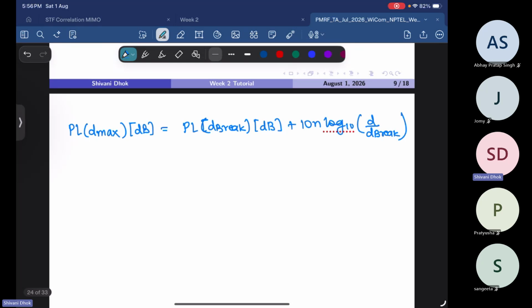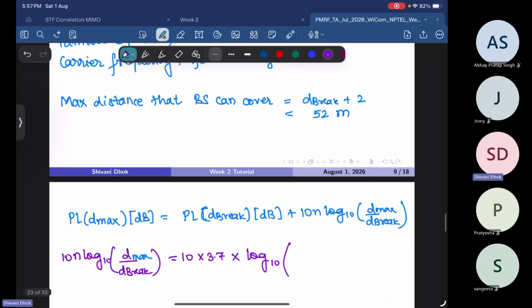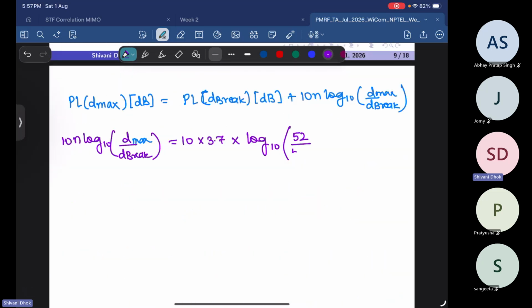Okay. So let's do it term by term. Let's do the second term first: 10n log to the base 10 d by d break, into log to the base 10 d max. d max is 52 meters and d break is 50 meters.